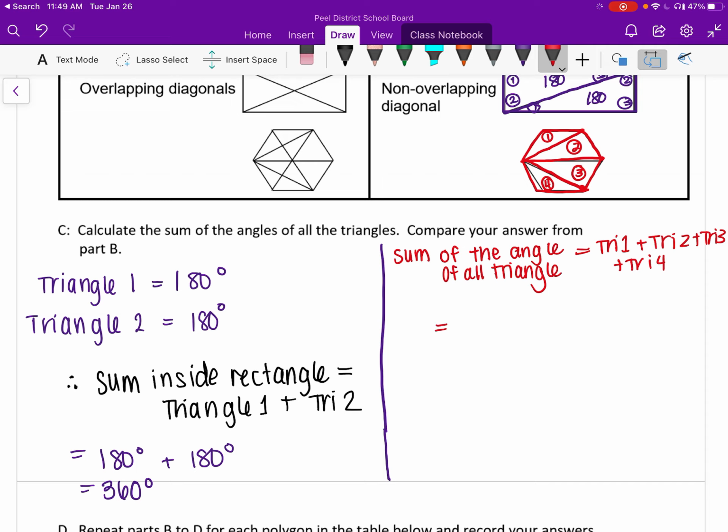And I know that the sum of triangle 1 is 180. I know that the sum of triangle 2 is also 180. So 4 times 180 is going to be 720.